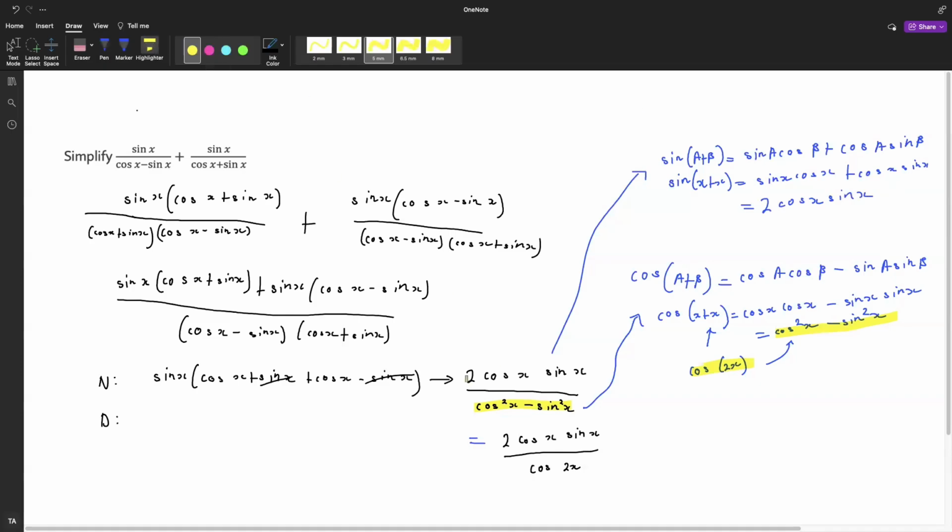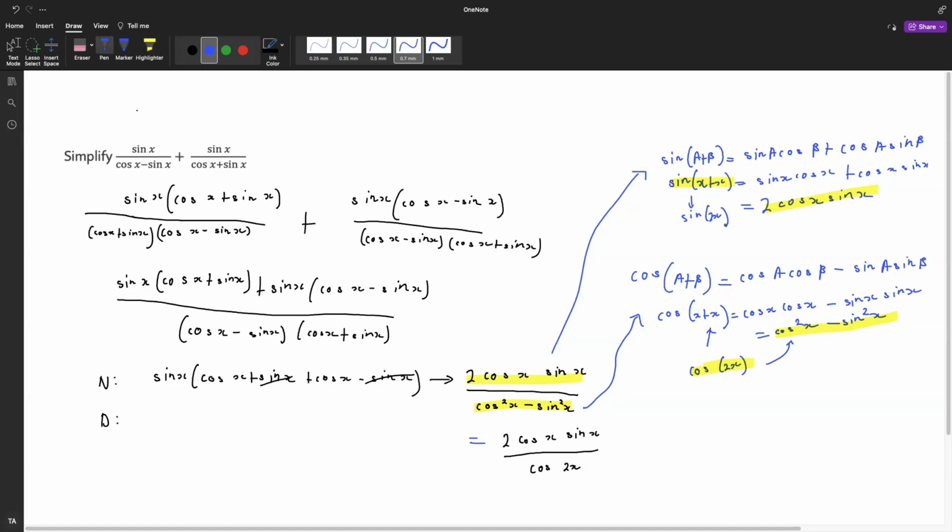So again, we'll highlight both of those. There's 2 cos x sine x, and there's 2 cos x sine x. And this is equal to sine x plus x, which, as you know, is obviously just equal to sine 2x. So these are called the compound angle identities.